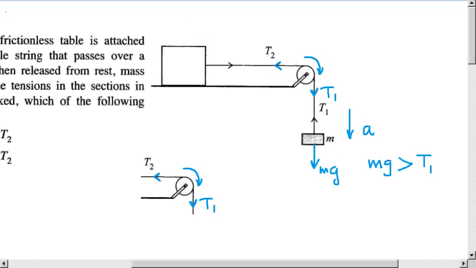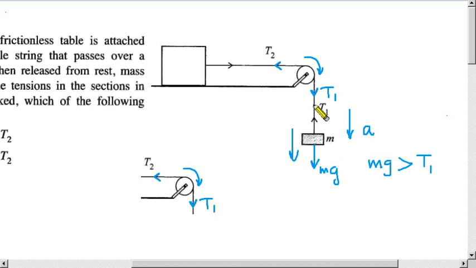So these are the forces. To rotate the pulley in this direction, first of all you must be able to identify the direction of the pulley. Even there are some people who can't understand the direction of the pulley when this mass is moving this way.